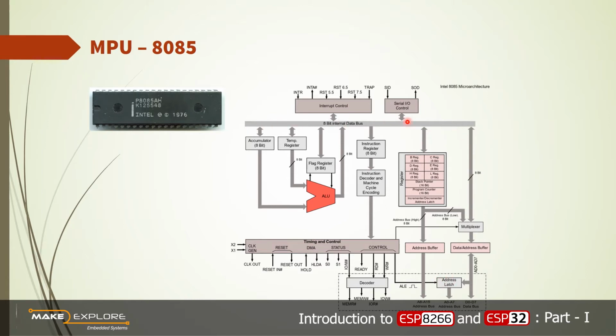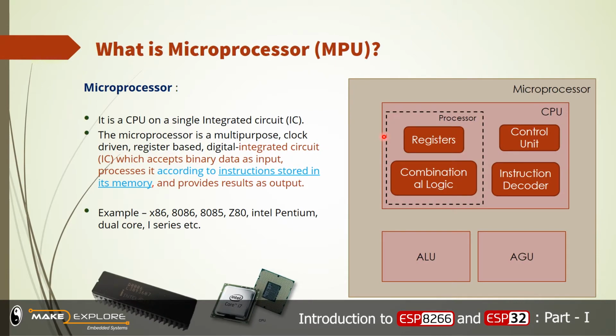These are all internal buses. The 8085 is actually an 8-bit microprocessor. It has an 8-bit internal data bus and a 16-bit address bus. Here you can see the address latch, and this is the architecture of the 8085. So that is all about what a microprocessor is.